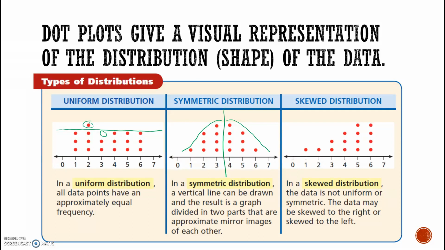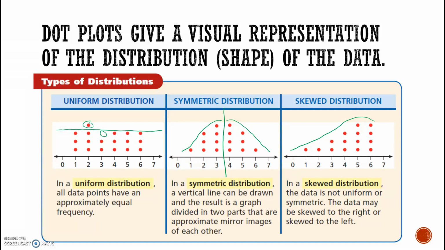Now the third type of distribution we have is called skewed. So this is where the data isn't straight across and uniform. It's not going to form a symmetric distribution. It's going to almost look like a slide or a hill, that you would go down.